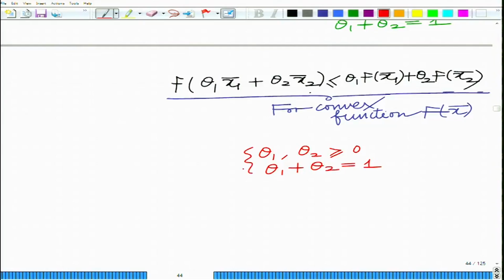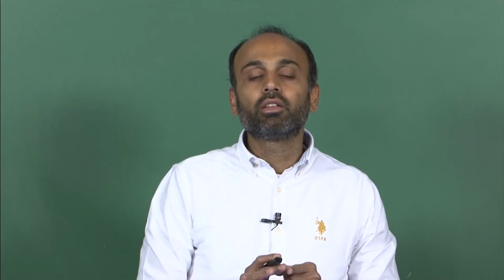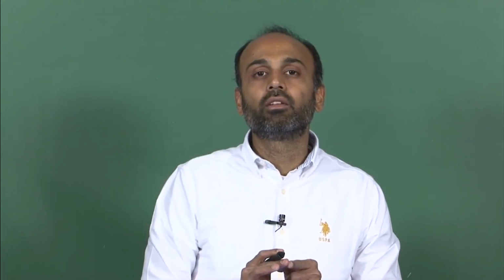Remember, these should remind you of something, these remind you of probabilities. Reason being, you have two quantities theta 1 and theta 2 which are non-negative, greater than or equal to 0, and sum to 1. So, this should remind you of a probability distribution, or a probability mass function in this case. Okay.